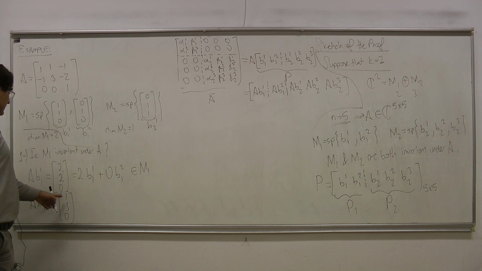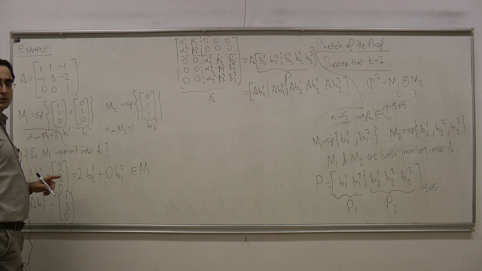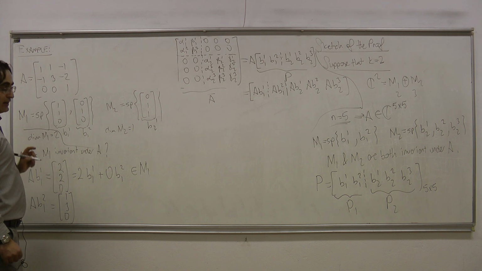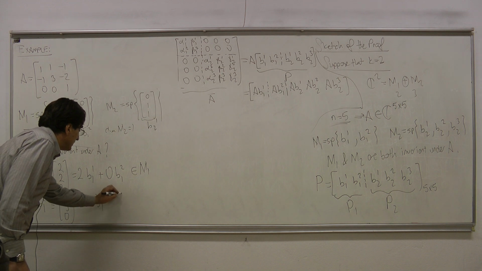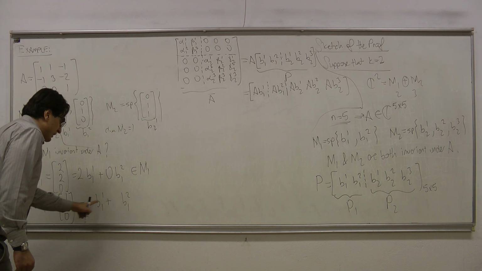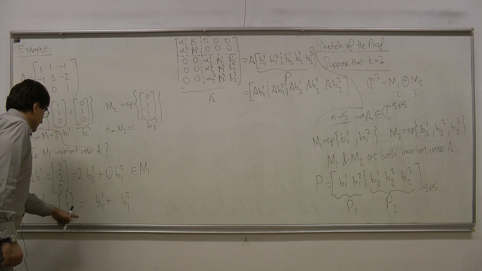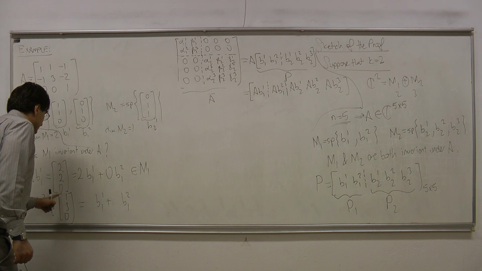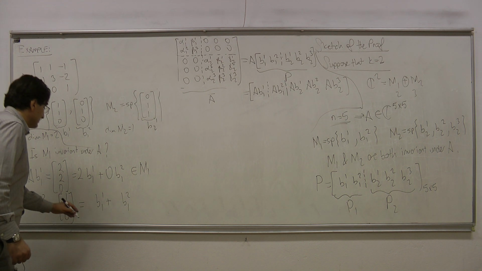And now the question is, can you write this vector as a linear combination of B11 and B12? That is what being inside M1 means. Can you find coefficients here and here which will make the result (1, 3, 0)? Okay? Yes, the answer is yes.